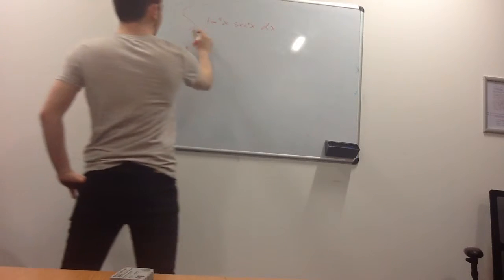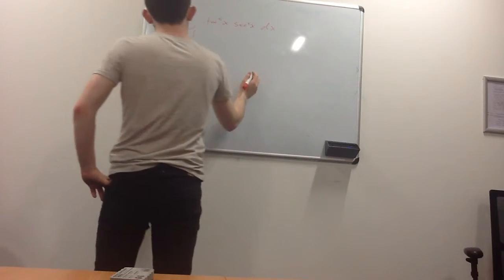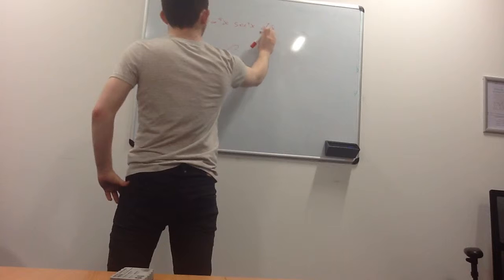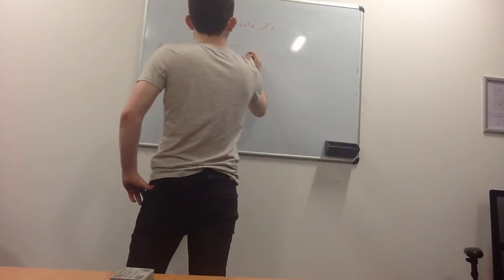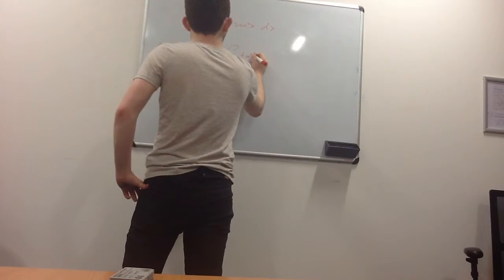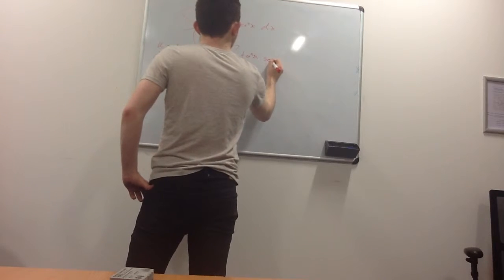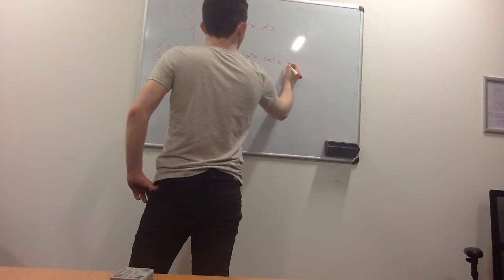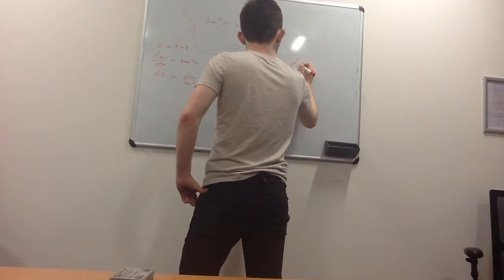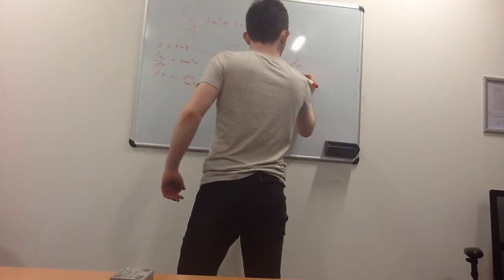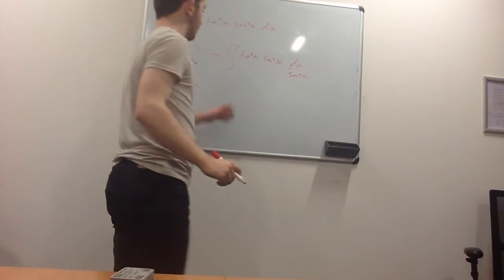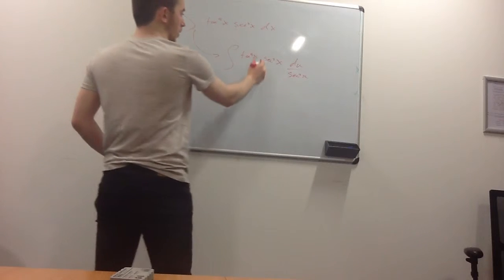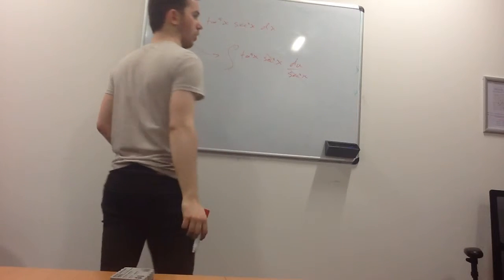So now we can rewrite that equation, replacing the dx with the du over sec squared. Now, as you can see, my sec squareds disappear quite easily.